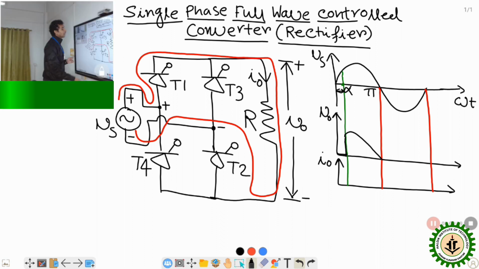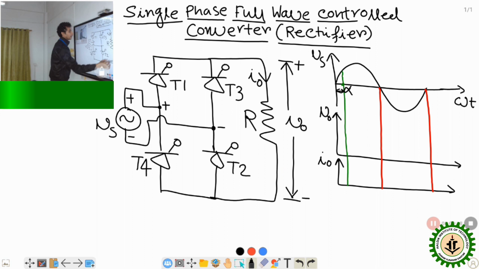Why up to pi? Because after pi, just a minute, I am just removing this, so it will look like this. So this is the point pi.